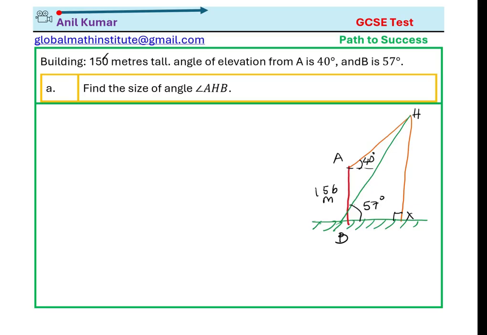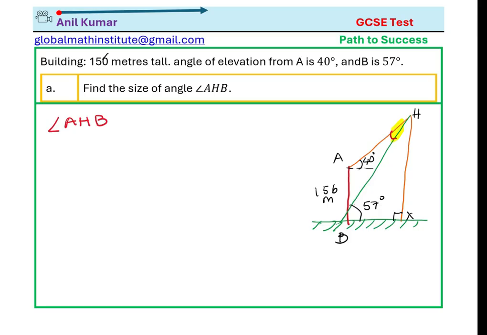Now, first part is to find angle AHP. So that is this angle. Correct? I'll show you how we find it very easily and how another student will find it with a lot of work.